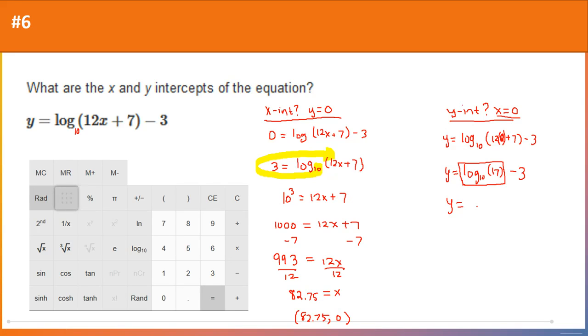So log base 10 of 7, plugging it into the calculator, I get 0.8451. And it says here minus 3. So you just take your calculator and subtract 3.